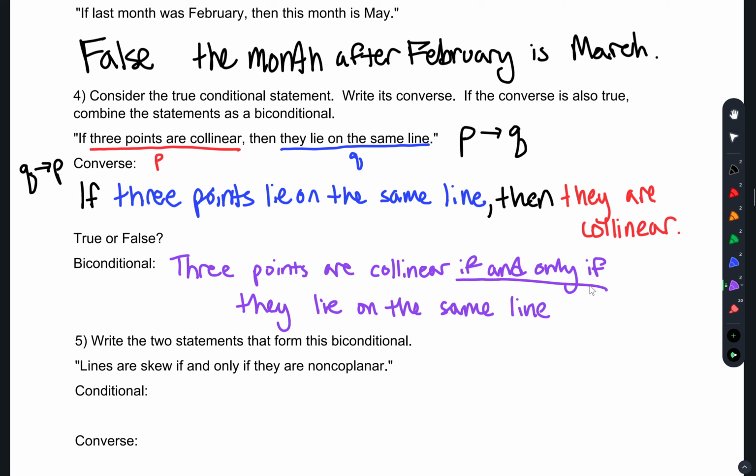So notice I don't have an if-then anymore. I just have if and only if in the middle, like a little sandwich. Questions on that one?